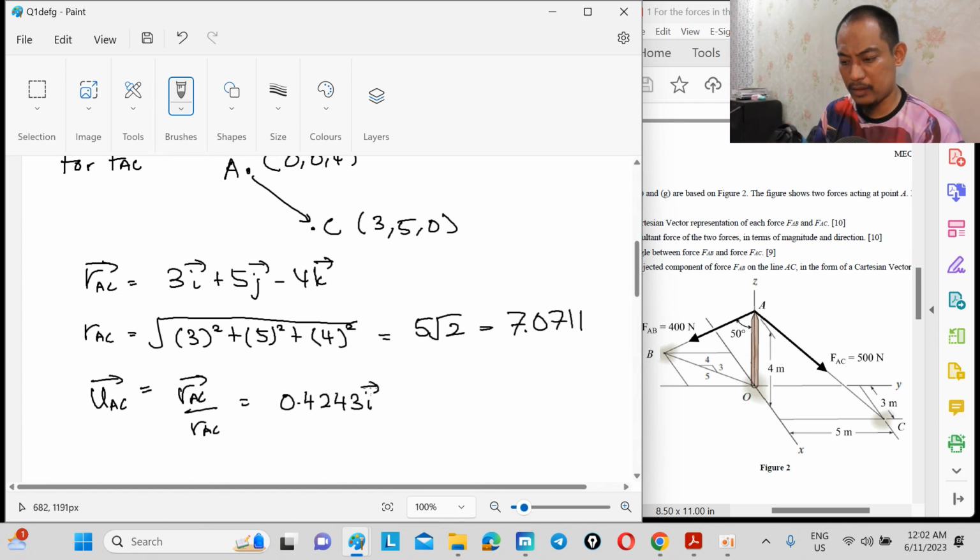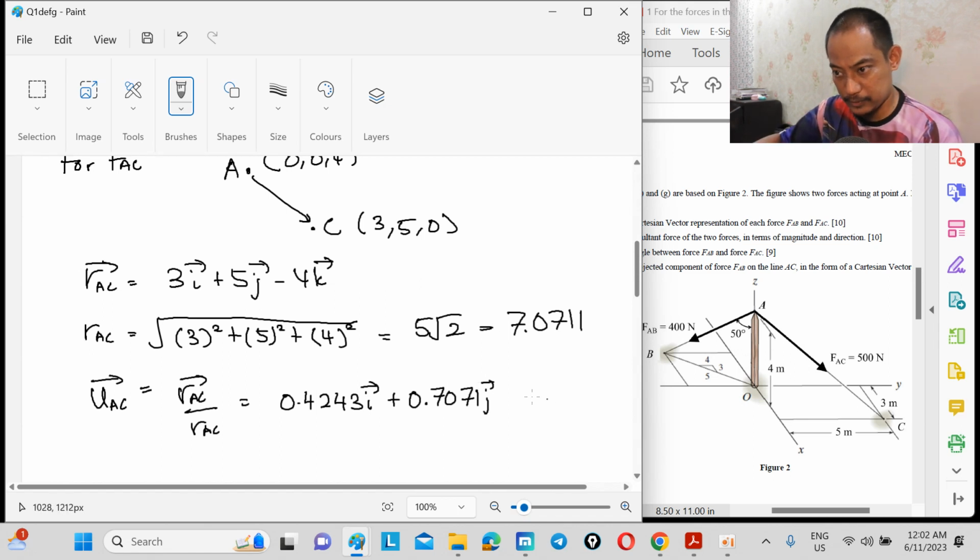Then 5 divided by 7.0711 gives plus 0.7071j.